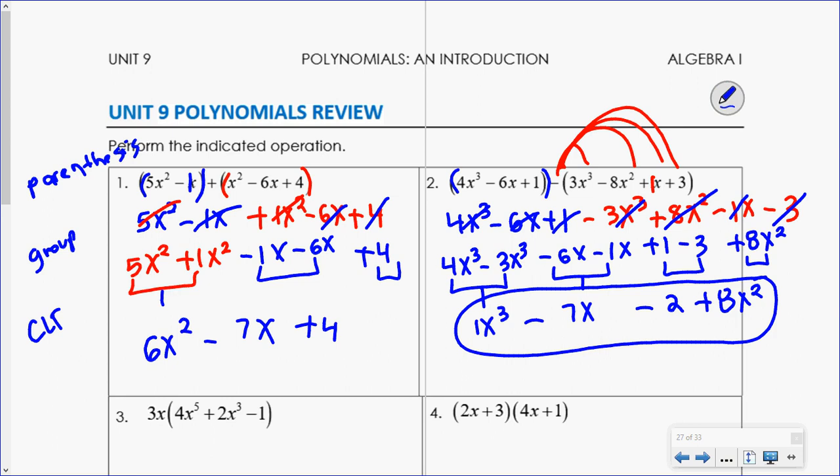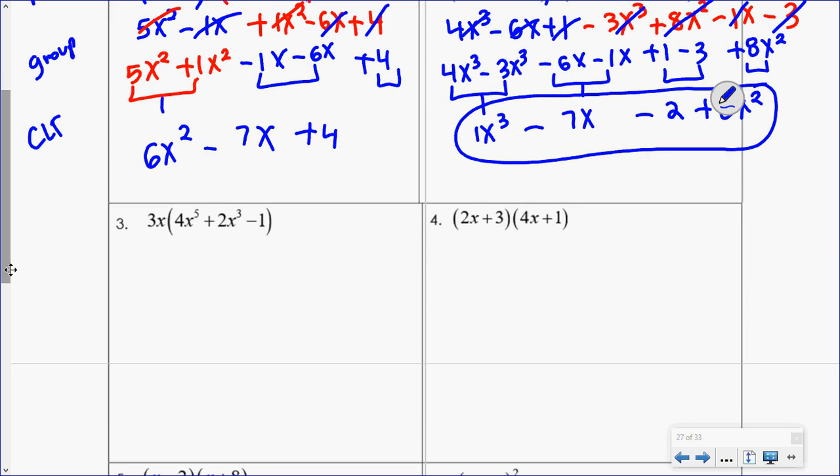Number 3, I'm distributing this 3x. This 3x is going to distribute to each term inside. So 3x times 4x to the 5th. Then 3x times 2x cubed.